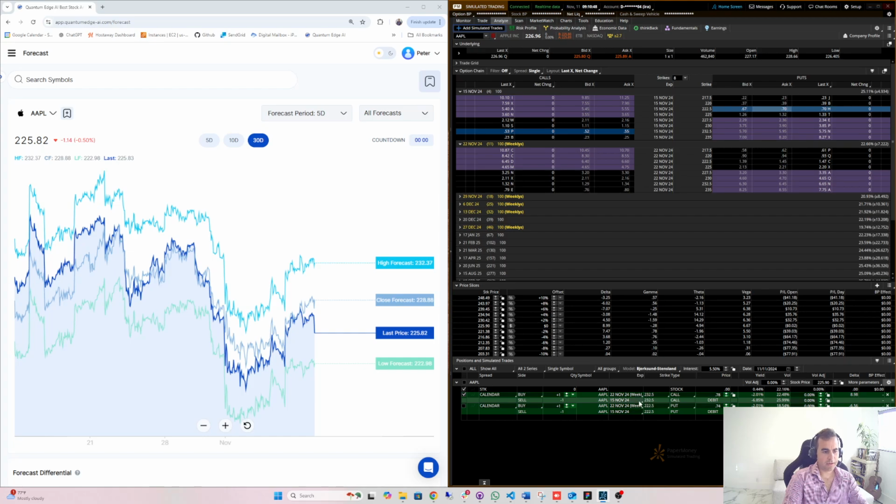But remember, if you are in the money above the 232 half at expiration, you're going to be short 100 shares of this position, and you're going to still be long this call. So that can be advantageous for you or your portfolio strategy, where you have now, okay, well, this may be in the money, this may be out of the money, and in both situations may be fine for you.